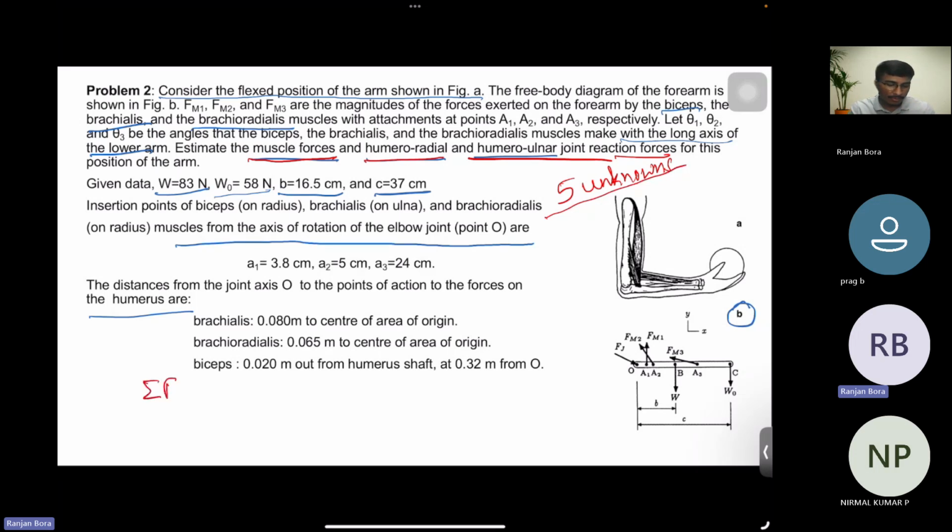We have summation Fx is 0, summation Fy is 0, and summation M is 0. So we have three equations in our hand, but we have five unknowns. So this is a statically indeterminate problem.